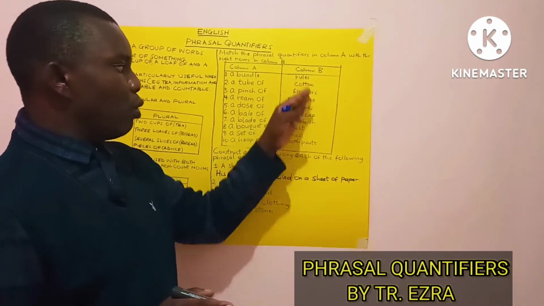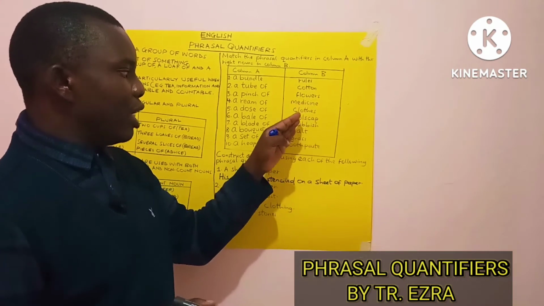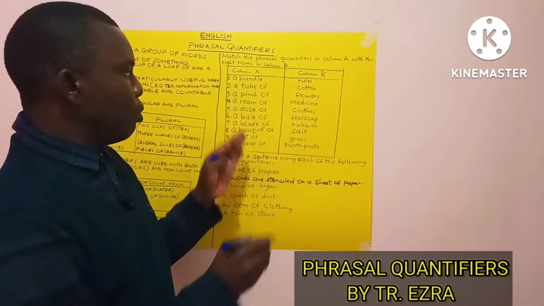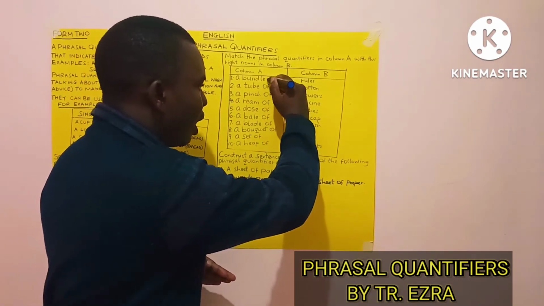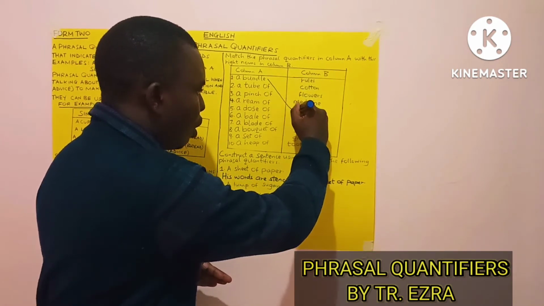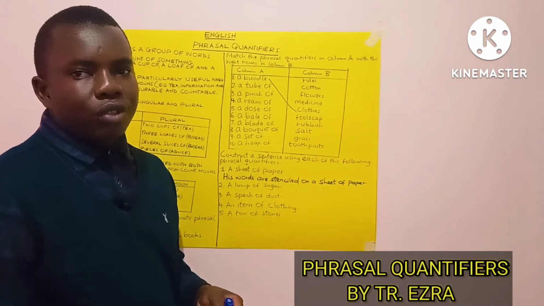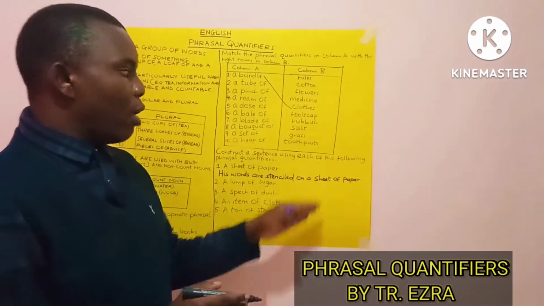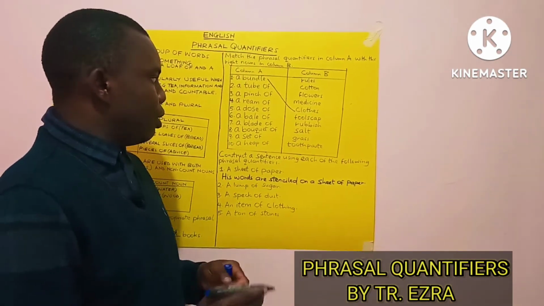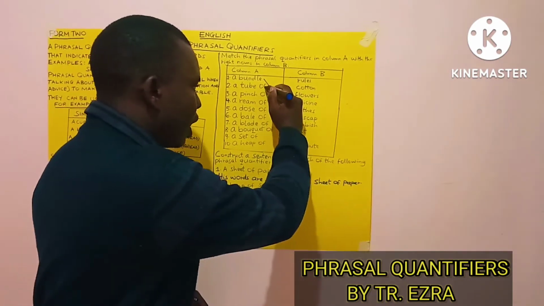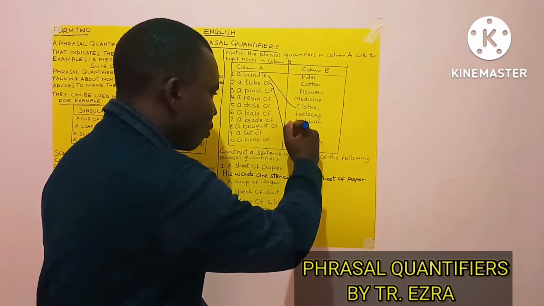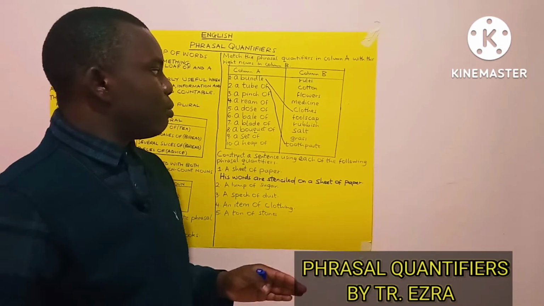So we have rules, cotton, flowers, medicine, clothes. So we will have a bundle of clothes. We have the second one, a tube of. Looking at our nouns in column B, we can say a tube of toothpaste.